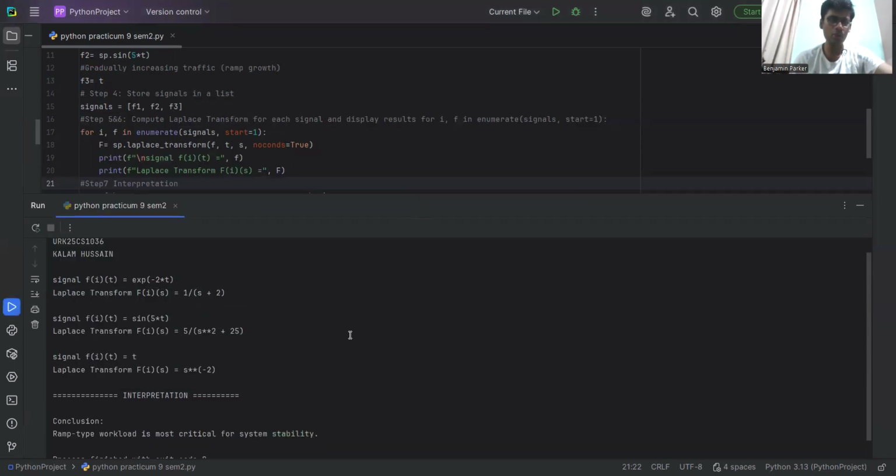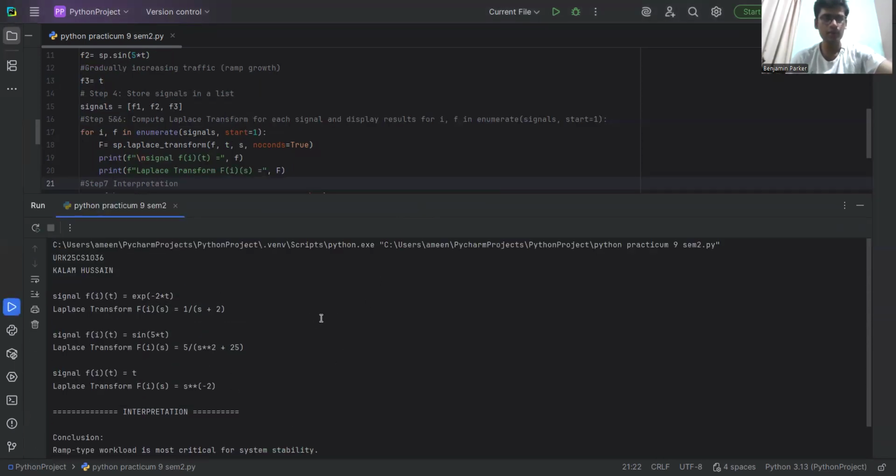On to the output we have determined. For the first signal, f1, f(t) is equal to exponential minus 2t, and the Laplace transform is 1 by s plus 2. The second one is sine 5t, whose Laplace transform is 5 by s squared plus 25.